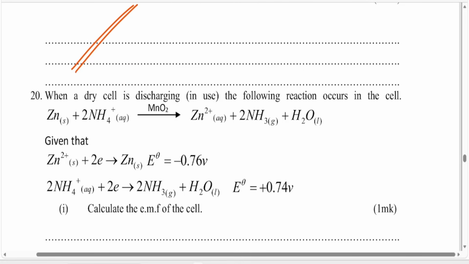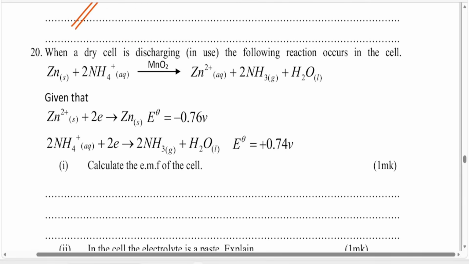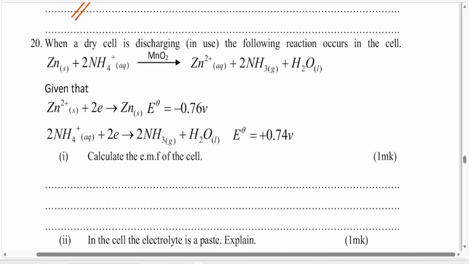20. When a dry cell is discharging, that is in use, the following reaction occurs in the cell. We have zinc reacting with ammonium ion in presence of manganese 4 oxide as catalyst to obtain zinc 2 ions, ammonia gas, and water. That is when it is in use.